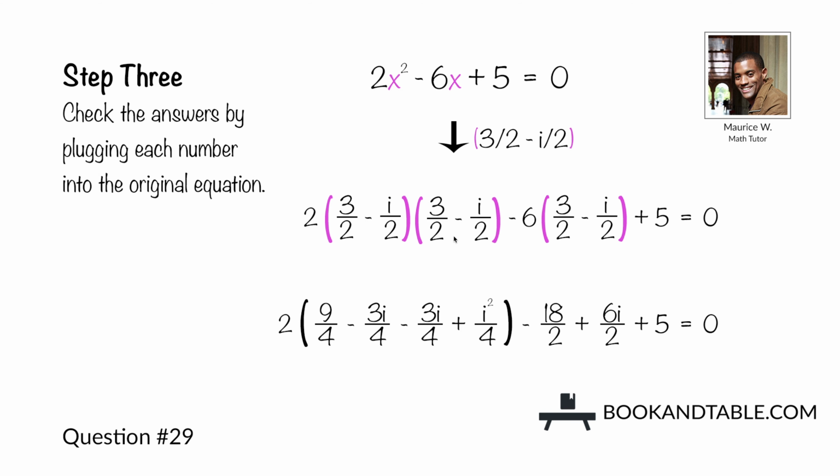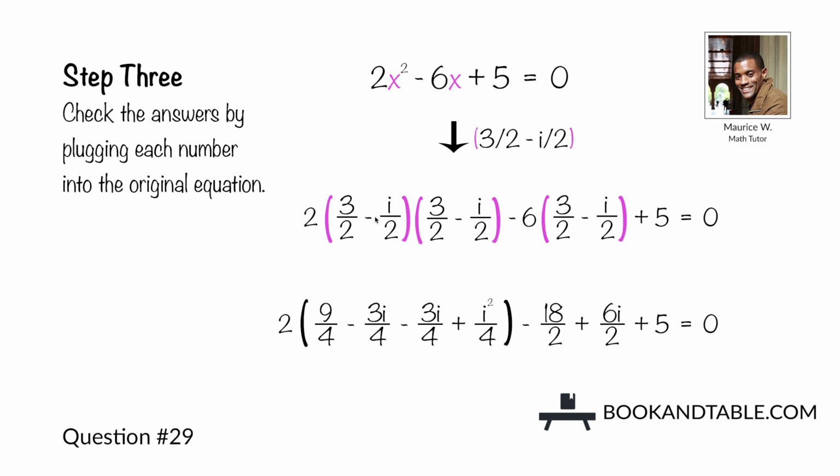So if we multiply our x's here, 3/2 minus i over 2 times 3/2 minus i over 2, we get 3/2 times 3/2, which is 9 over 4. Then we get 3/2 times negative i over 2, which is 3i over 2 times 2, which is 4, and we have the negative.